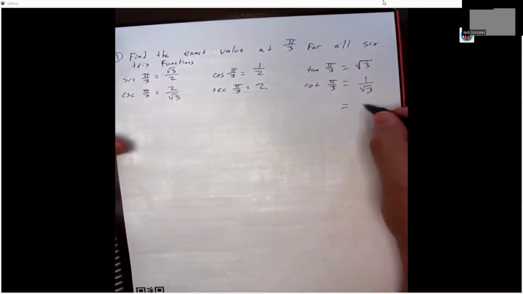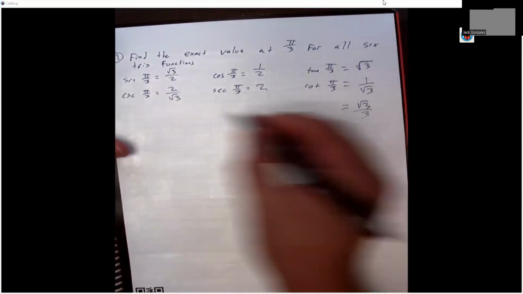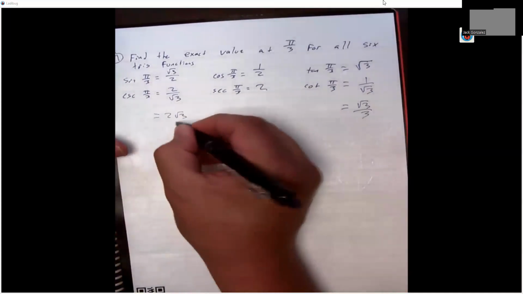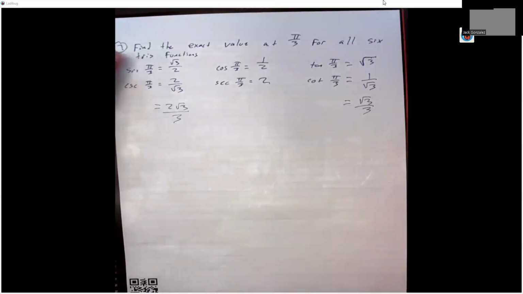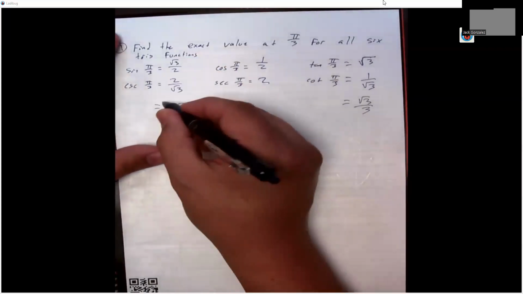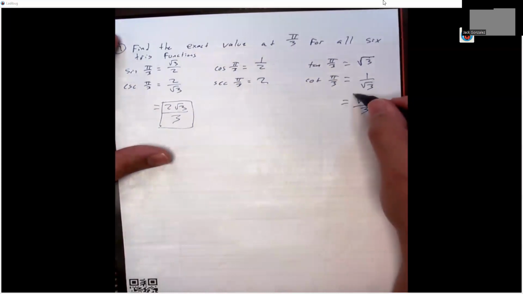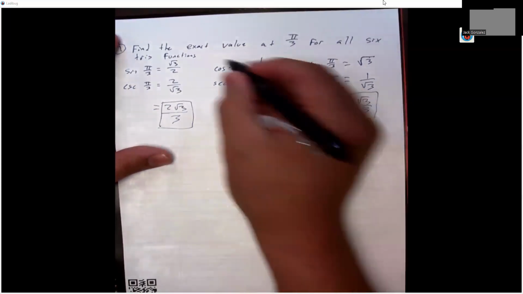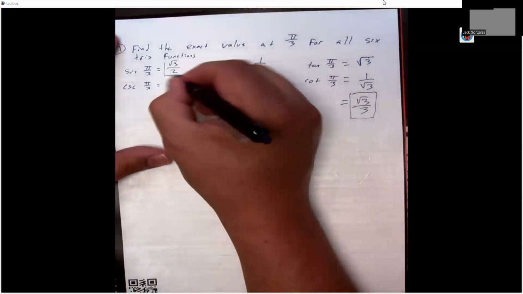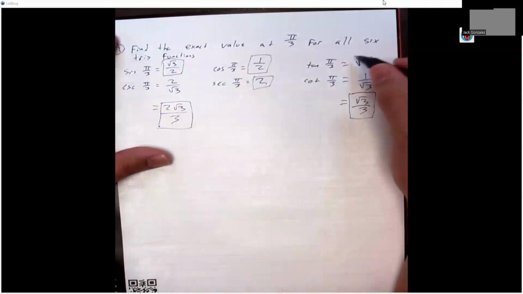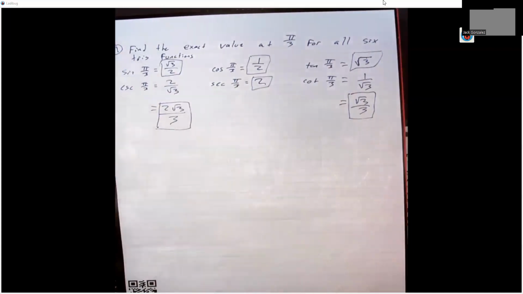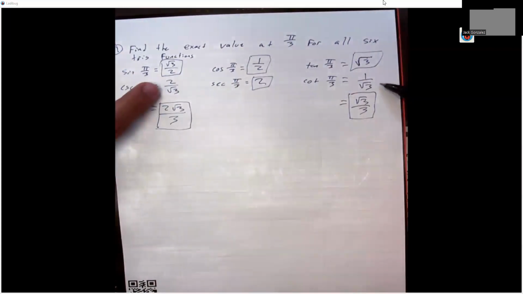If you were to rationalize, you would get this guy, and this would be this. Let's skip the rationalization step. All these numbers came from your unit circle. Box the best answers. I would technically accept this. Any questions on number 7?